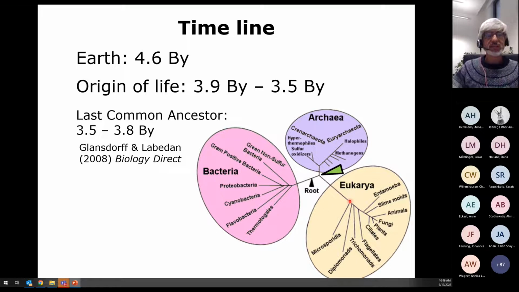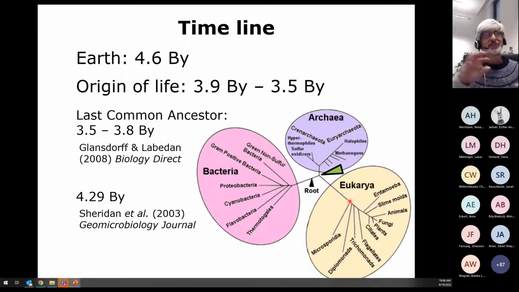And about the last common ancestor, there are different estimations. Some place it at 3.5, 3.8 billion years ago. Some that are a bit more extreme go back to 4.29 billion years, which would be amazing considering the time the Earth cooled down.